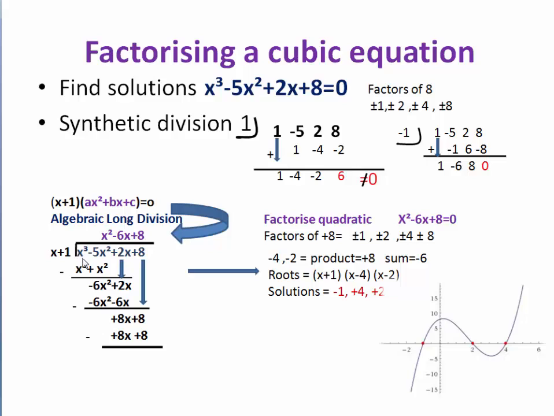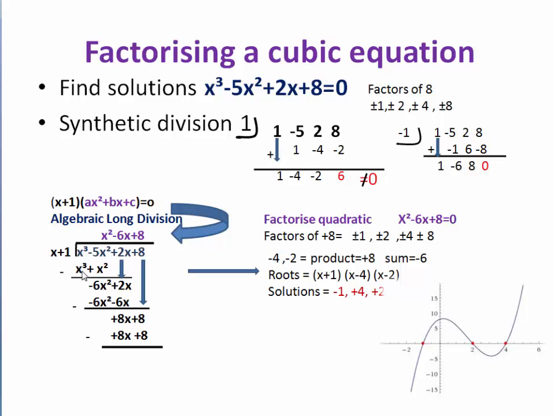Now we look at the highest power and we say x goes into x cubed, x squared. How many times does x go into x cubed? x squared. And we write this above the x squared in our original equation.